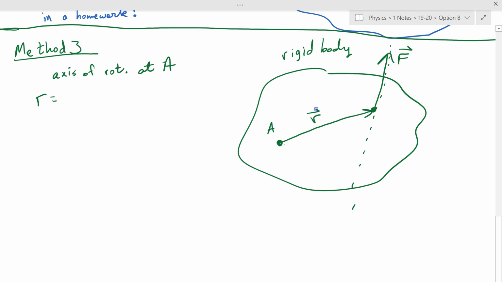So here's the normal R position vector just from the axis of rotation to where the force is being exerted.